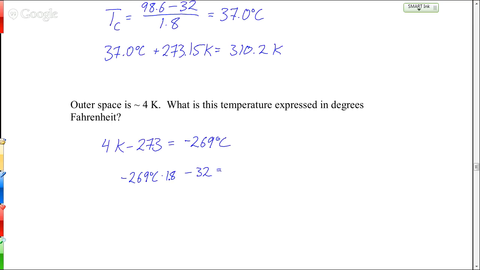Sorry, add 32. We get 452.47, which rounds to minus 452 degrees Fahrenheit. Is that what you got? All right, great. So we can do some temperature conversions.